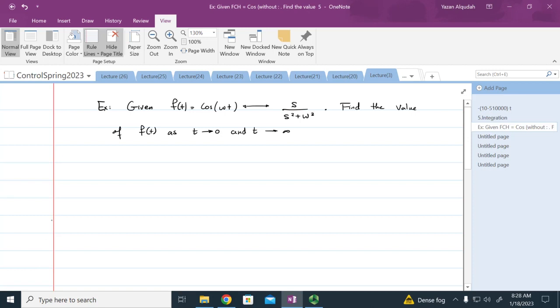What property are we going to be using to calculate when t goes to 0 and t goes to infinity? The initial and the final value theorem, yes.